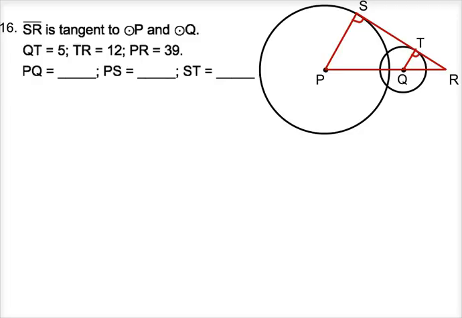Filling in the values, I know that QT is 5. I know that TR is 12. And I know that PR is 39.